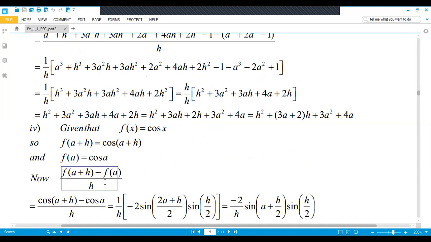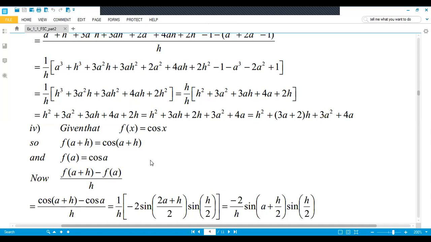So when we put this formula, again remember one formula which you studied in class first year, cos alpha minus cos beta is equal to what?